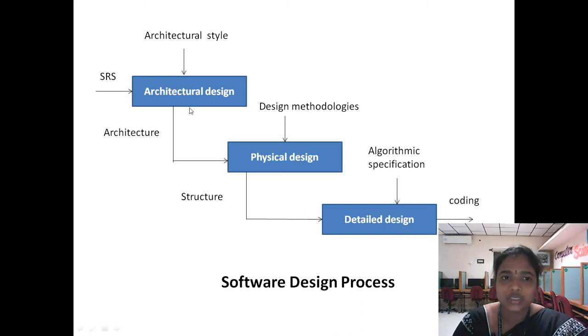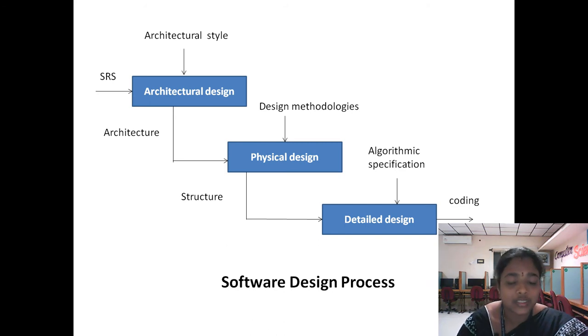Now coming to software design, here we are going to design the external behavior of the software to be developed. We use some architectural styles in developing the external behavior of the software. There are so many architectural styles, for example client server architecture, layered architecture and data centered architecture.